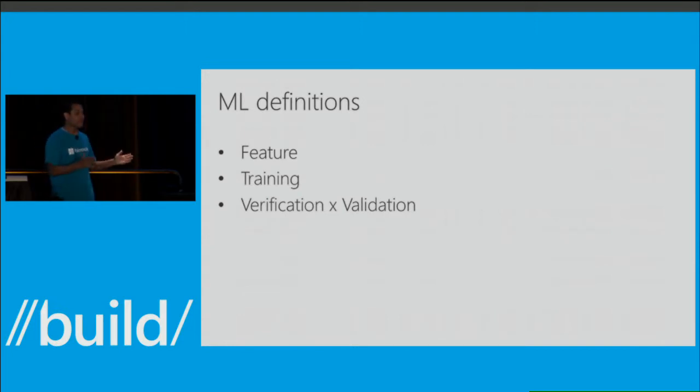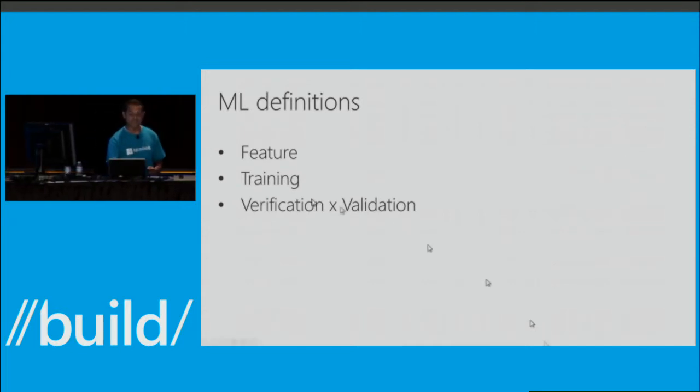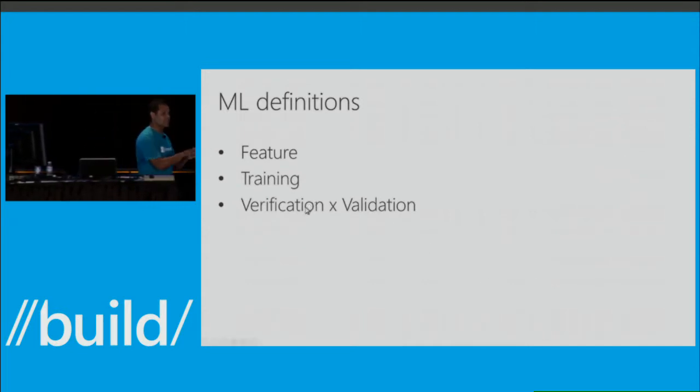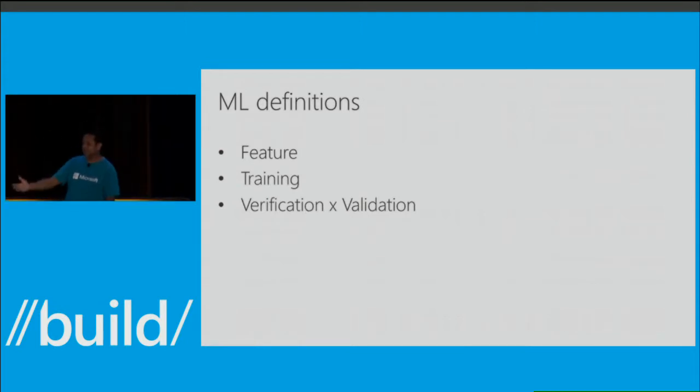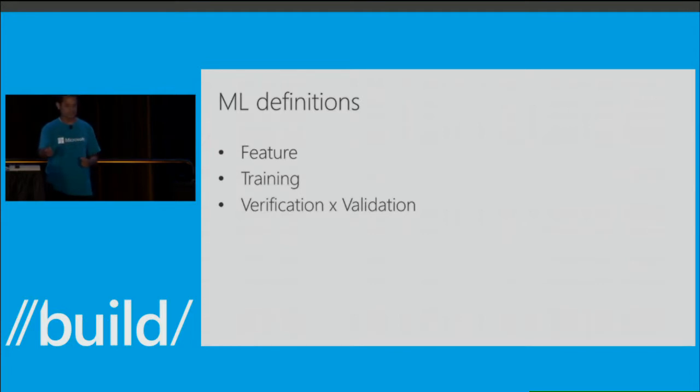Your problem has some features, and you will go through training to use those features to create your code. And then this code will be verified, which is basically the developers will make sure there is a number at the end, and validated, which means the testers will make sure this code creates exactly the kind of output that you are expecting.